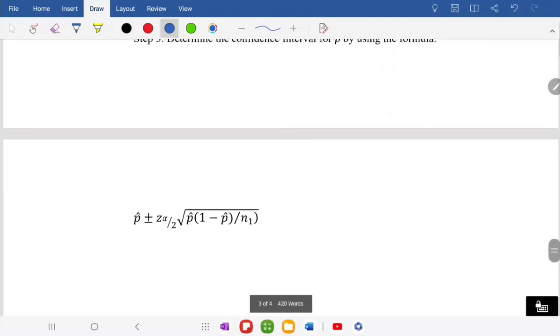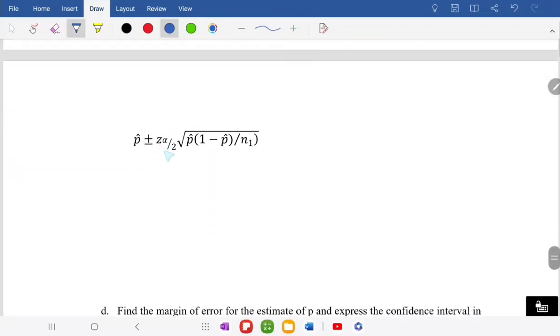So here is our formula. P hat plus minus Z of alpha by 2 times square root over P hat times 1 minus P hat, that's where we need to know the value of 1 minus P hat, divided by N. All right, not N sub 1, N. So P hat is 0.20 plus minus Z of alpha by 2, which we found is 1.96.